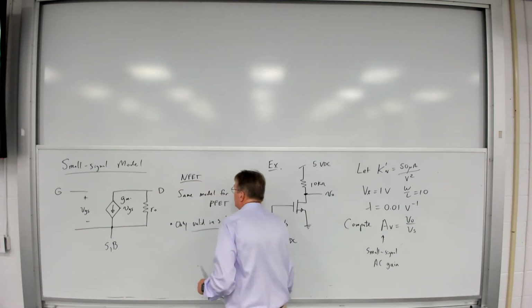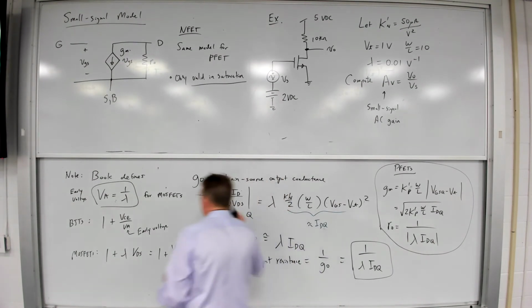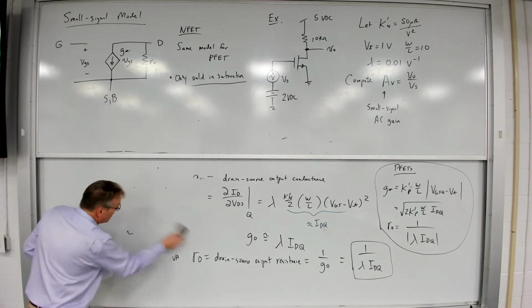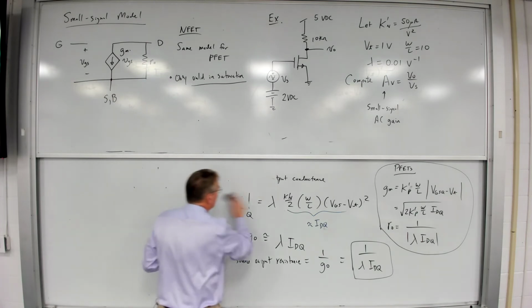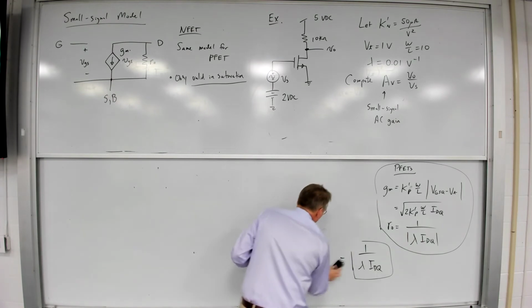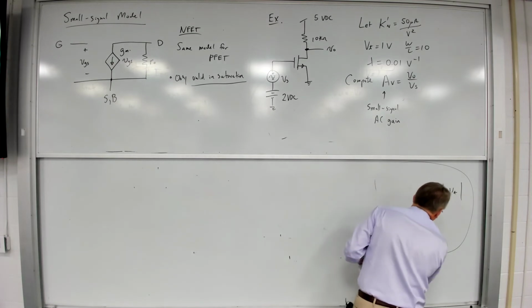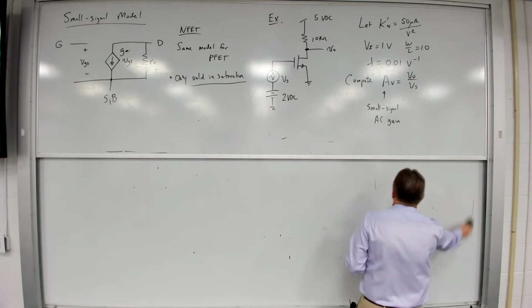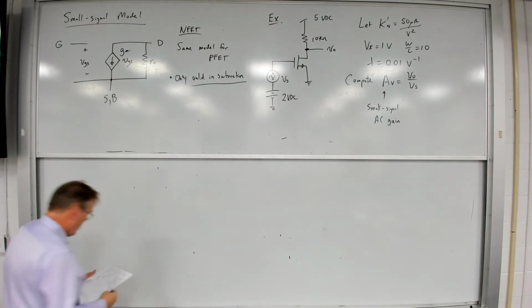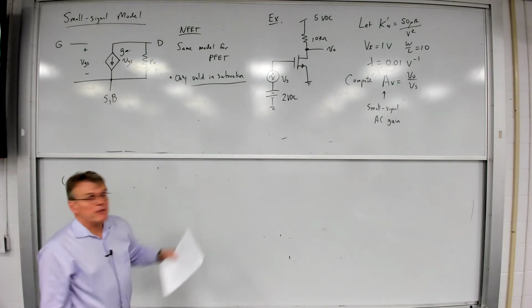All right, so let's take that circuit. First of all, let's solve for the DC bias point.